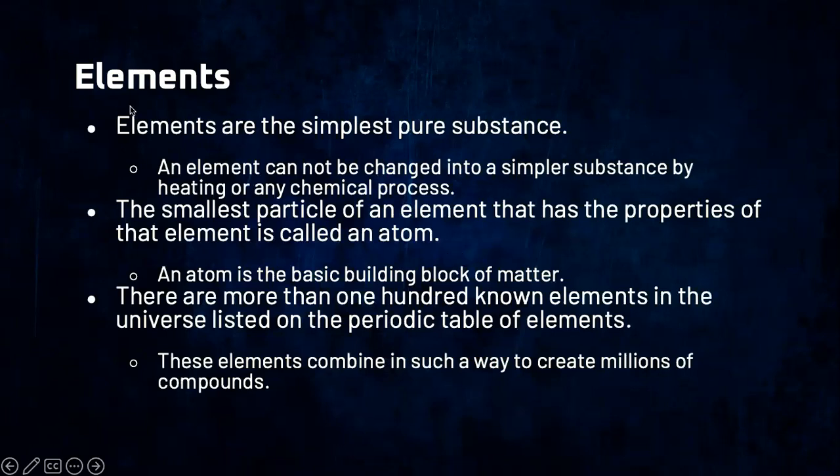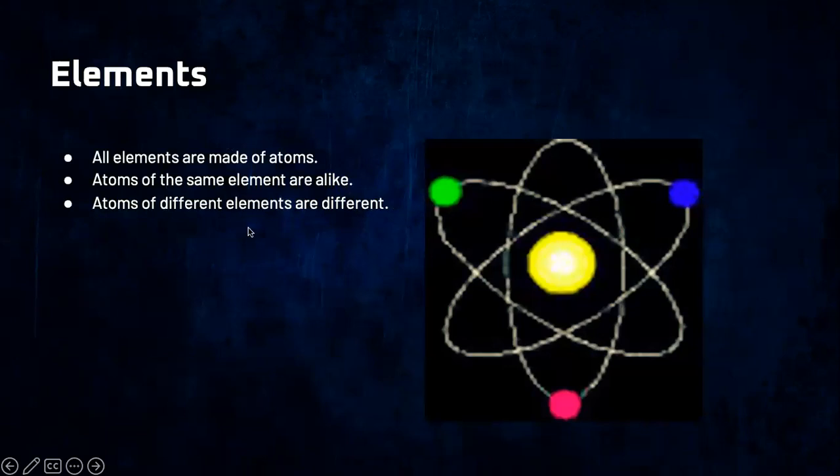So as mentioned earlier, elements are the simplest pure substances. All elements are made of atoms. Atoms of the same element are alike, whereas atoms of different elements are different. So an oxygen element and a carbon element have different types of atoms.